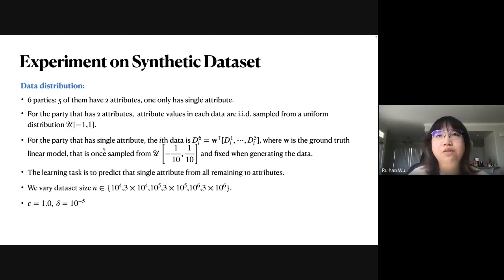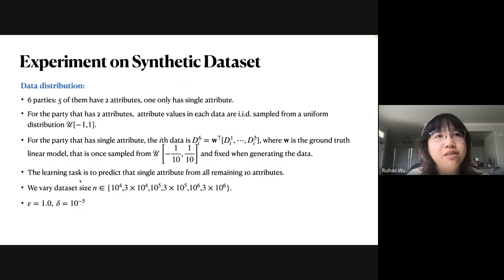This range guarantees that the label value would also be bounded by 1. Then the learning task is to predict that single attribute from all remaining 10 attributes.